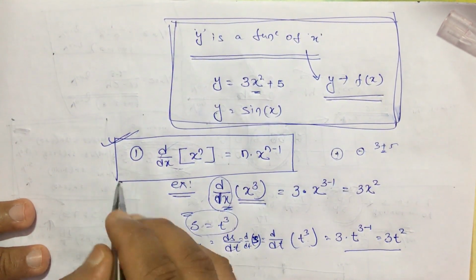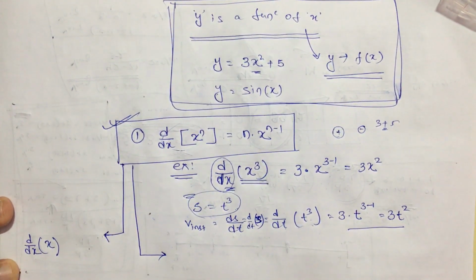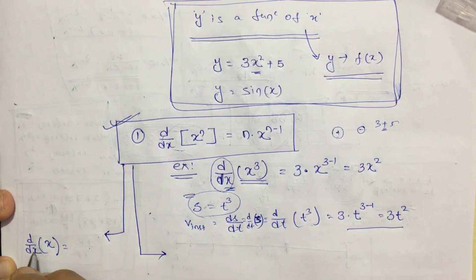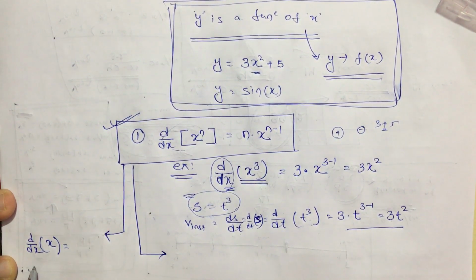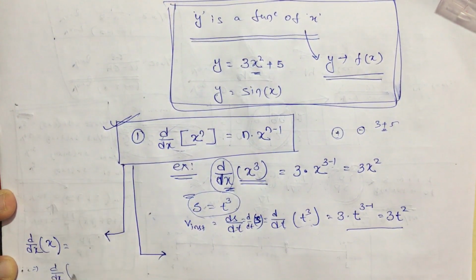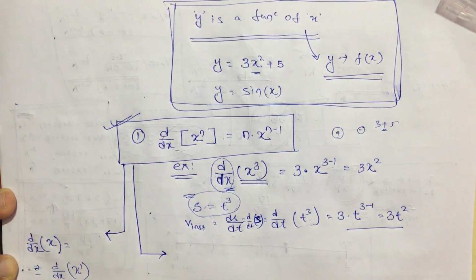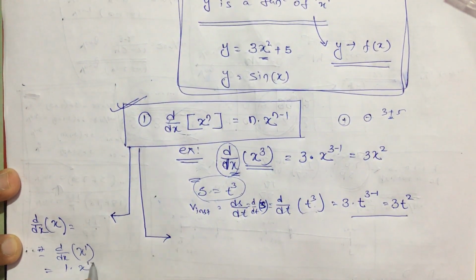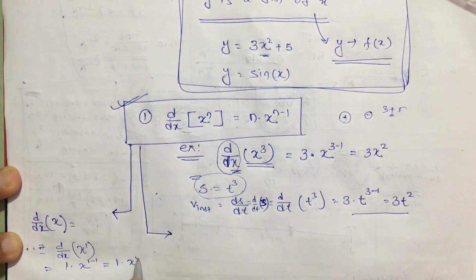We are going to practice. So d by dx of x, how much is it going to be? See here, if x is given, I can write it as d by dx of x to the power 1, and x to the power n gives n into x to the power n minus 1, so I can write it as 1 into x to the power 0.